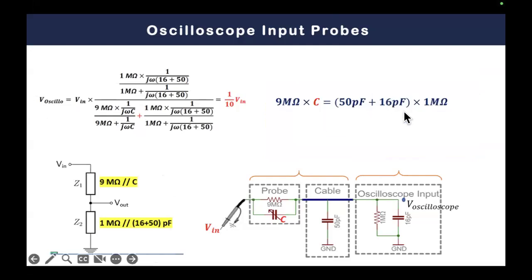Maybe one can ask, okay, so why do we have this CP variable? Everything is constant. We have 9 mega, 50 pico, 16 pico, 1 mega. So why is CP variable? Simply because this number in the blue is simply a typical number. But when you go with the same probe from one oscilloscope to another, this 1 mega, for example, can change. So, for example, in one oscilloscope it's 1 mega, and in the other oscilloscope it's 1.2 mega.